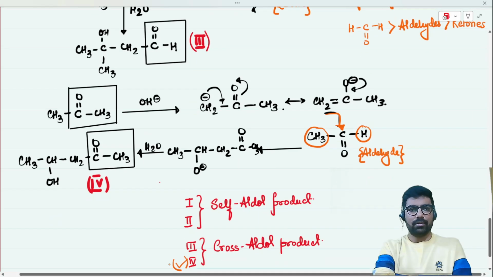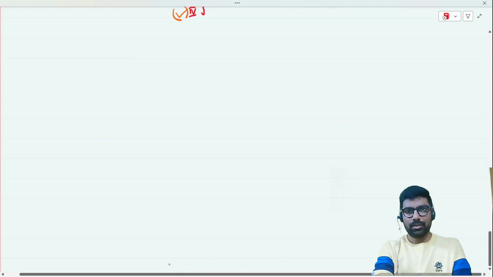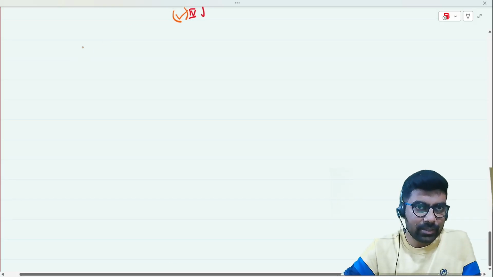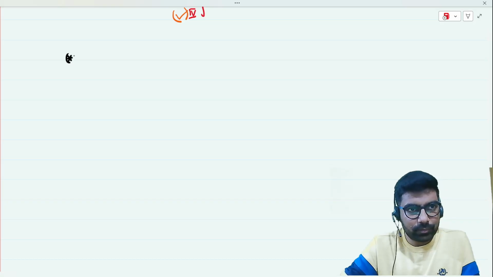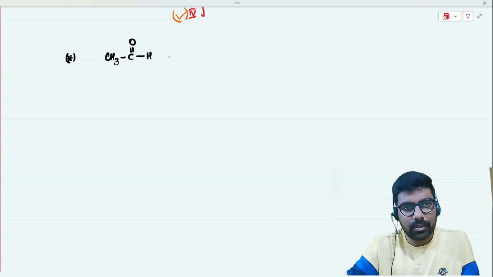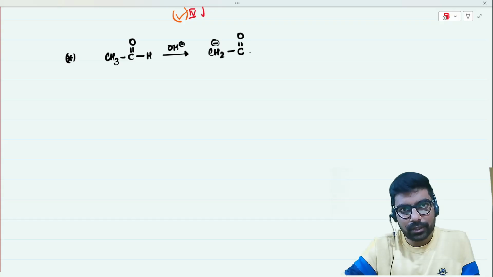These are the basic concepts that will be used to understand the reaction. Now one might have another question. Let's say I am taking an example of CH3 C double bond O H. In the first step, OH minus is taking part in an acid base reaction, giving CH2 C double bond OH.